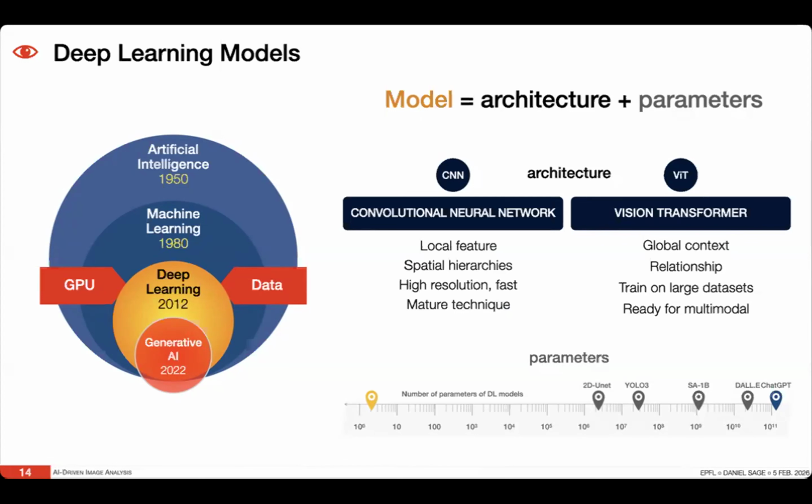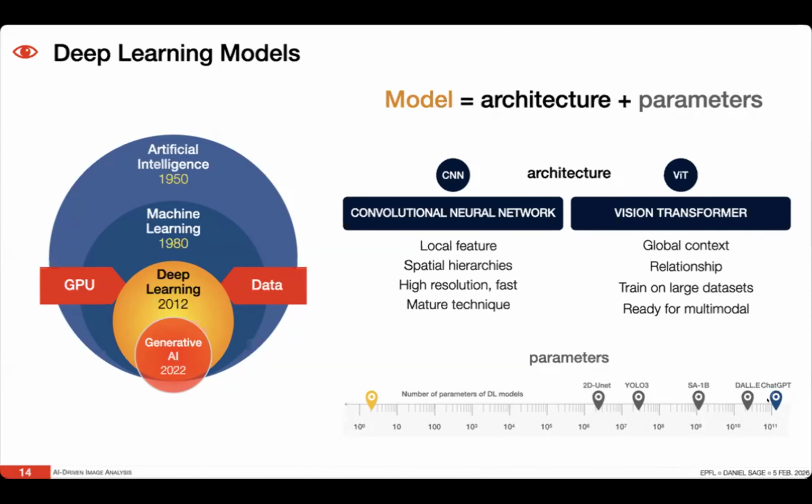That's pretty interesting. In terms of parameters, a typical model that we have, like YOLO or SAM or a U-Net, is a very classical model in our field. They have like 10 million or 100 million parameters. So it's huge.